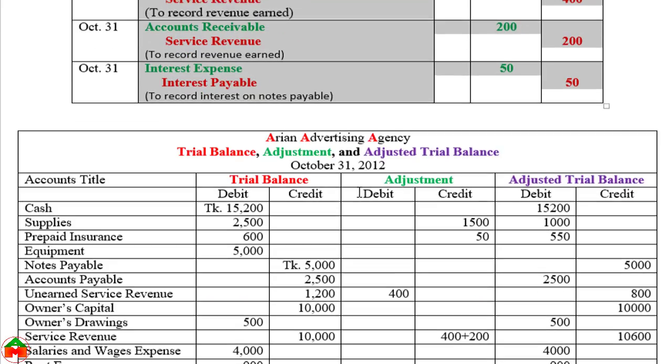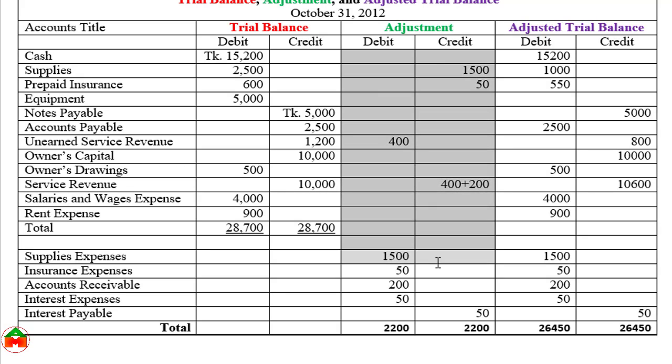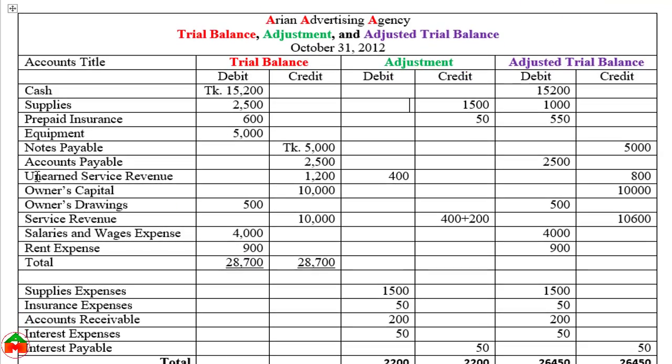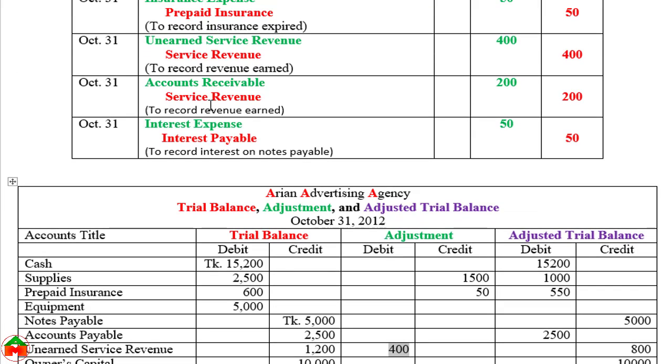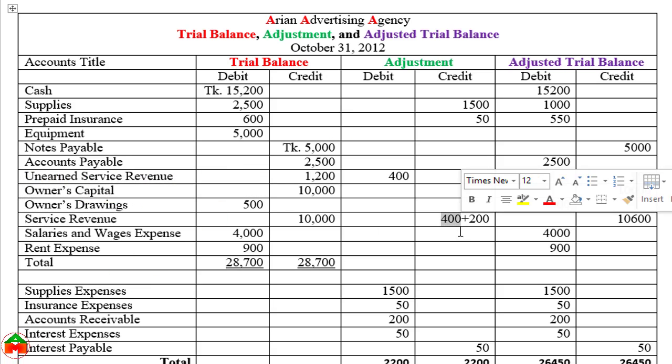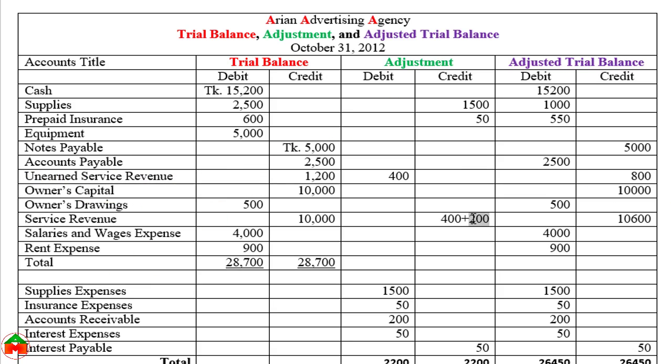So unearned service revenue debit 400, and service revenue credit 400. Don't be confused, this amount will carry forward.